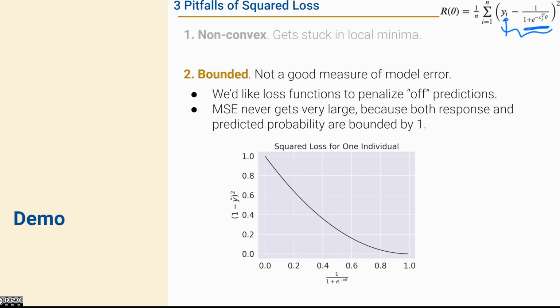The worst it's ever going to be is 1. And that's problematic in the sense that if I'm way off with one of my predictions, I don't really have a way of reflecting that in this loss function, because at most I'm going to say, well, it was 1. It would be great if we could really penalize big mistakes more than just always being capped at 1.